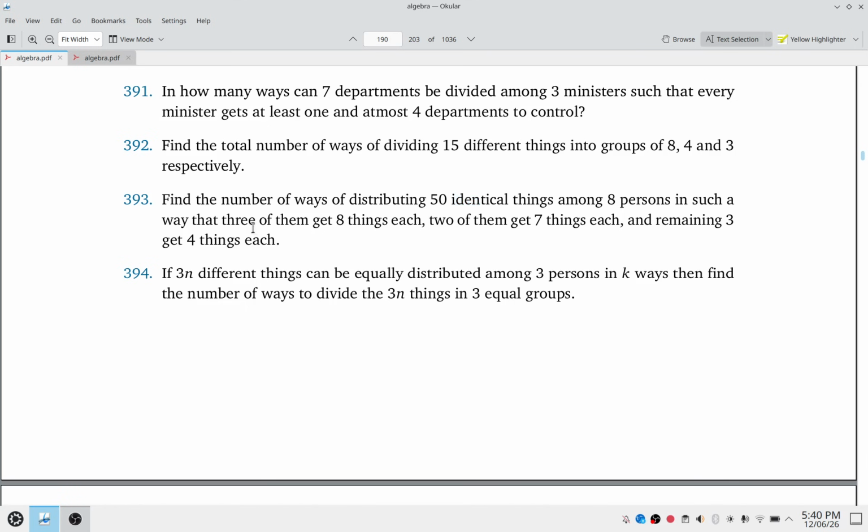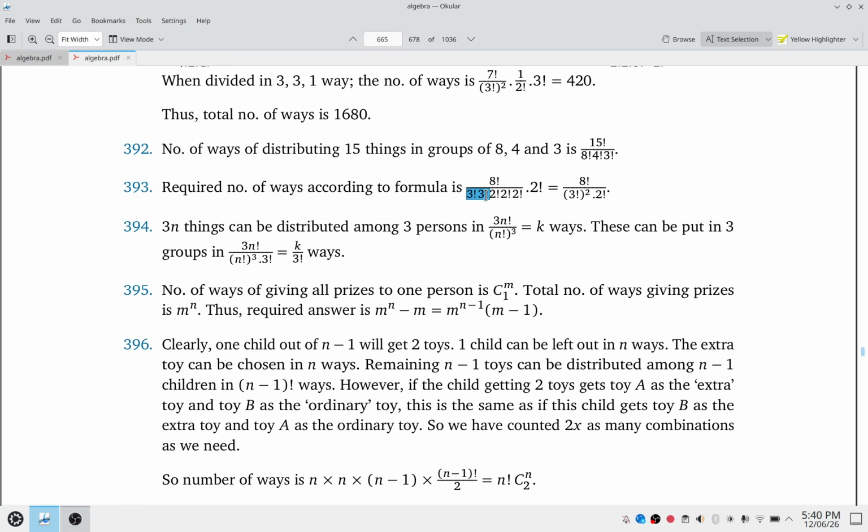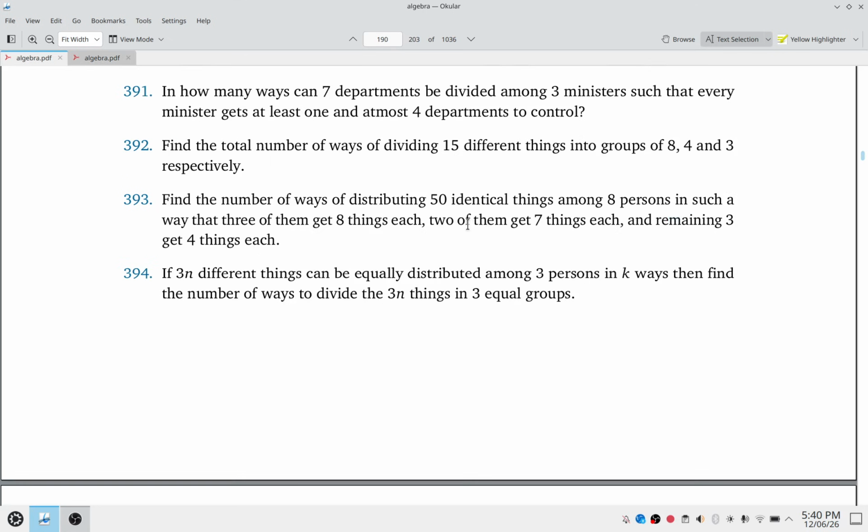Okay, so these are 3 people. Alright, so 3 people, 8 persons. So 3 people here and 3 people here. 2 of them. That is why 3 factorial has come twice. And 2 of them get 7 things each.